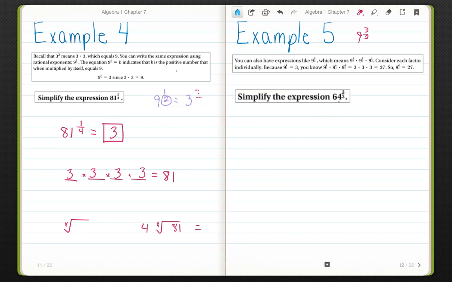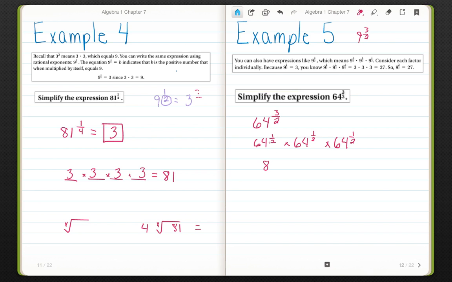So 64 to the 3/2. Okay, that half means I want to know what is the square root of 64. Because I'm going to have 64 to the 1/2 times 64 to the 1/2 times 64 to the 1/2. Well, the square root of 64 is 8.